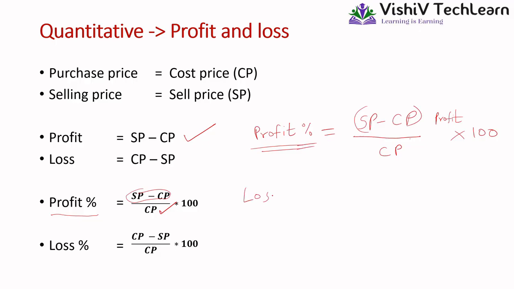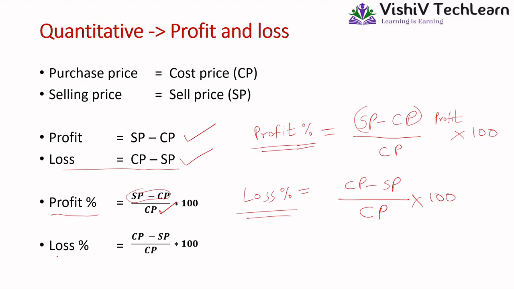Similarly, in case of loss percent, we will be comparing loss. What is loss? Loss is CP minus SP. This loss we will be comparing again with CP, the original price or initial price, the cost price, and again multiply by 100. So this is how we get loss percent.